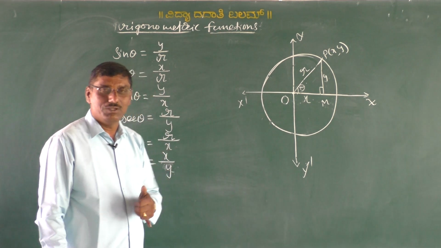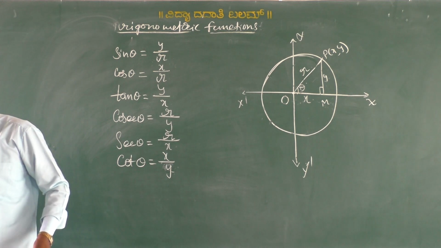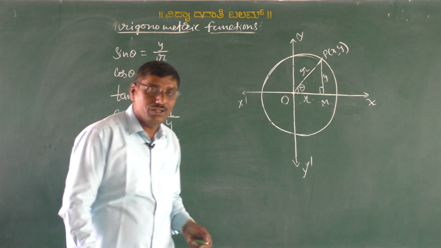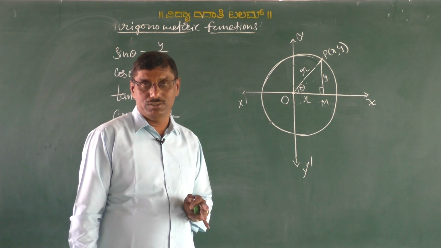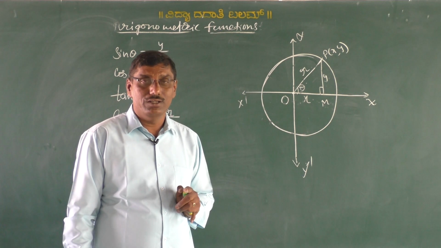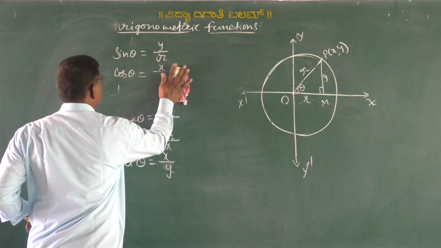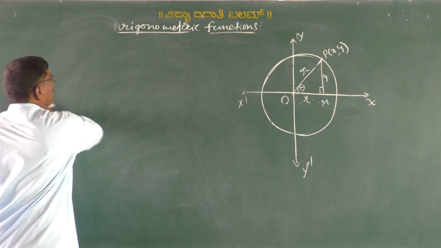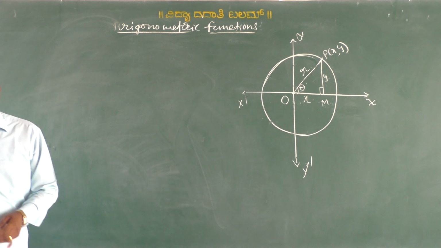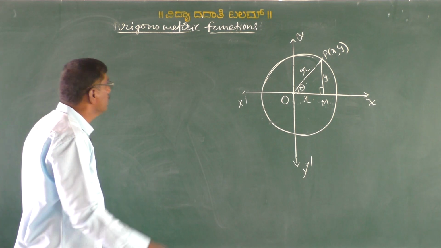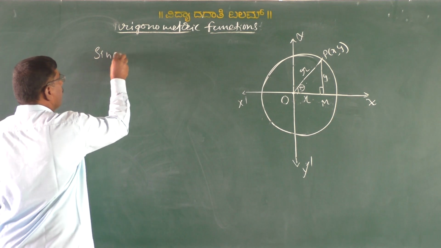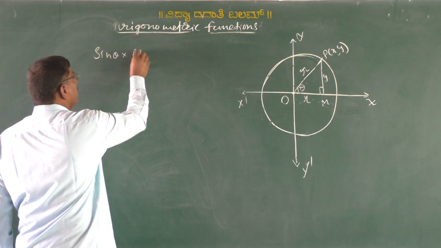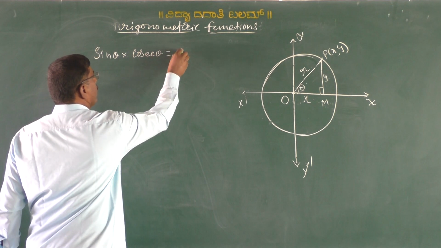Okay. Now, with the help of these definitions, my dear students, we are going to discuss some of the formulae. The first one: consider sin theta into cosecant theta is equal to 1.